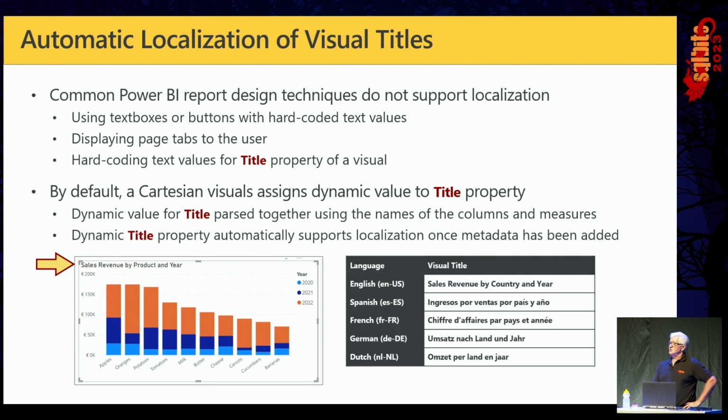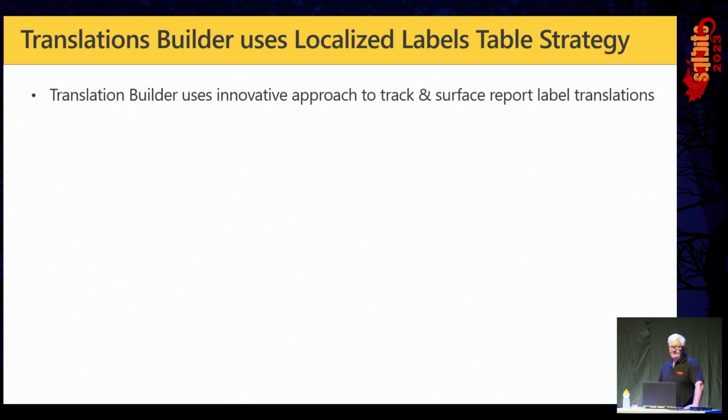If you just leave the title with its default, it's built dynamically: sales revenue by country and year. And then if you provide translations for those other languages, it will automatically fill in and do the right thing. So one piece of advice is don't touch visual titles, just leave them. And if you don't like them, either don't show the title, or you're going to have to see what we're going to do here to get that in.